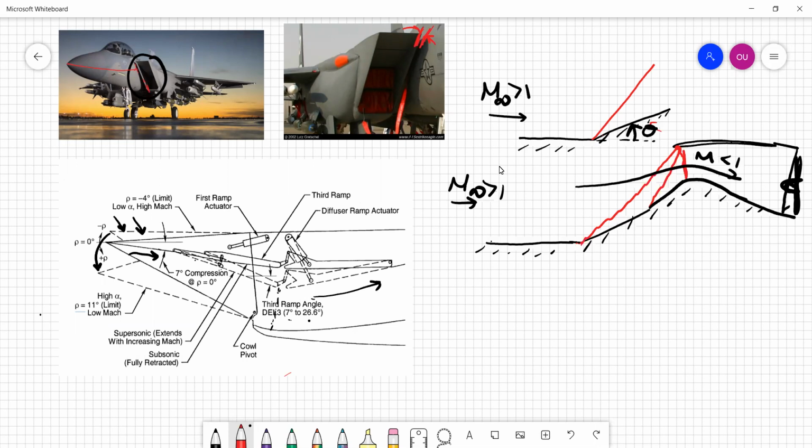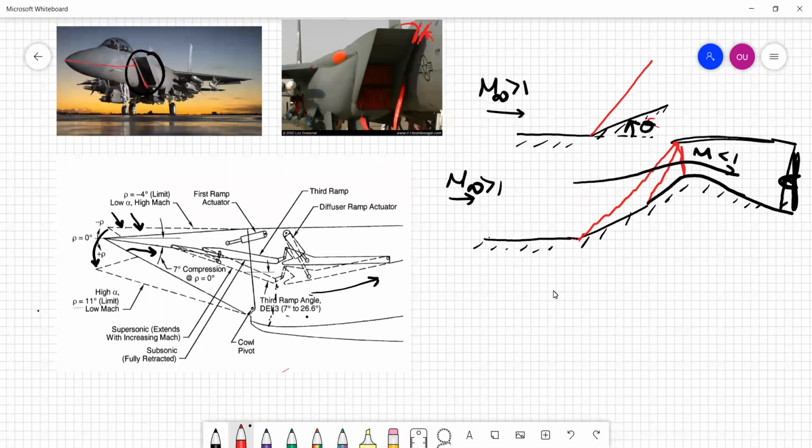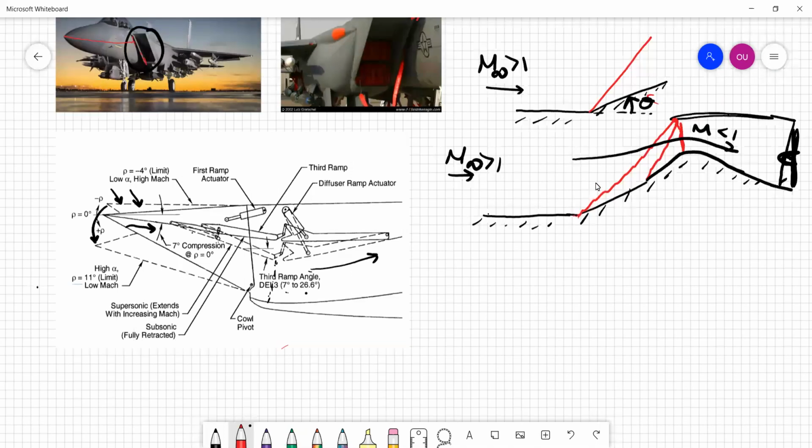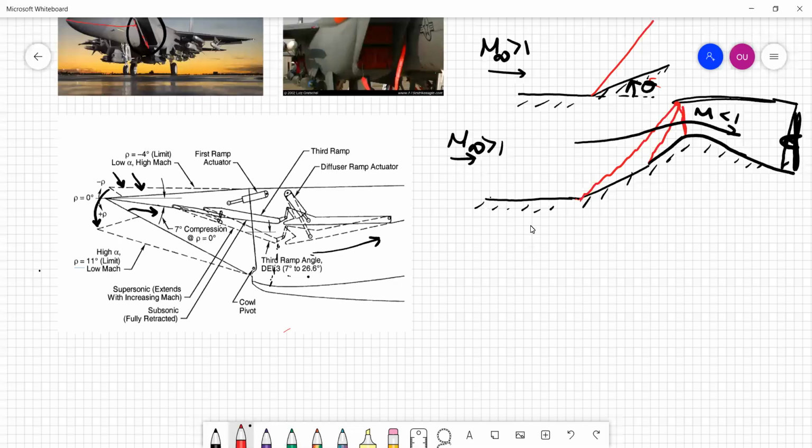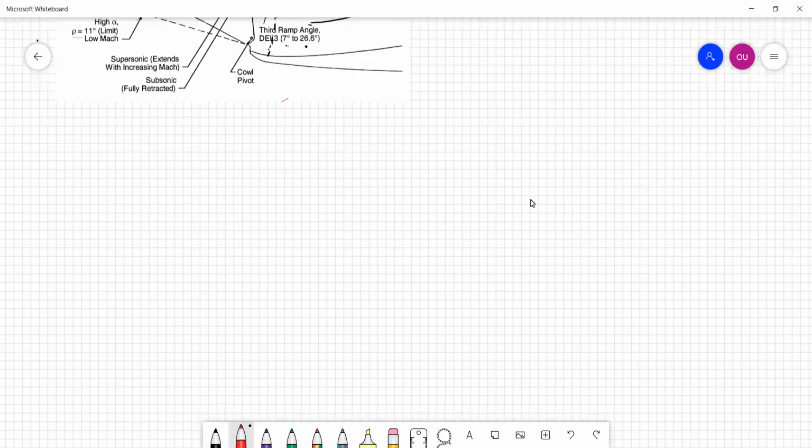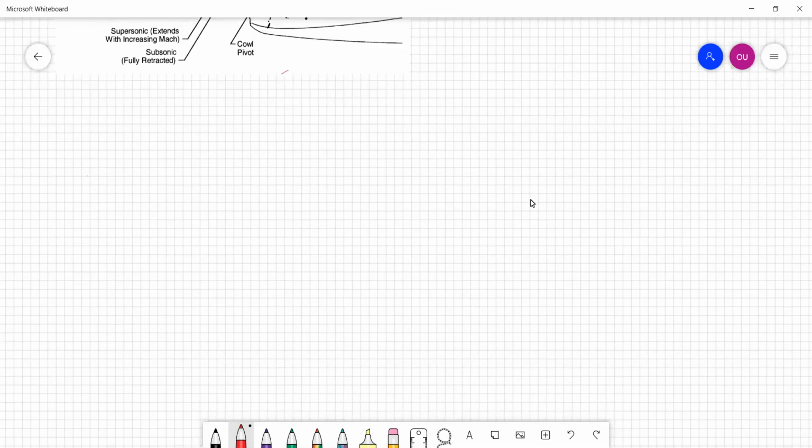So whether it's a ramp type flow like that, or a wedge type of flow that we talked about last week, those kinds of flows generate oblique shock waves. Now, another type of flow physics that occurs in supersonic flow is what we call expansion waves.